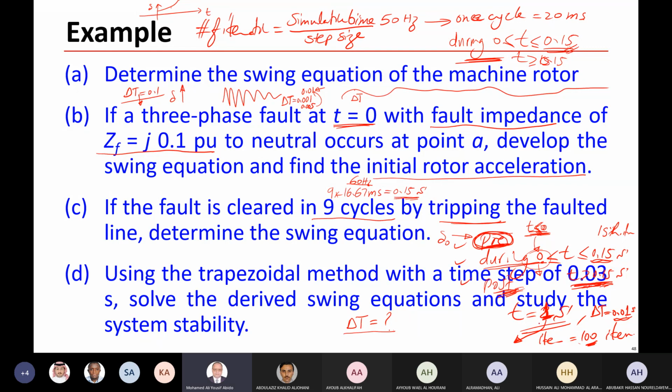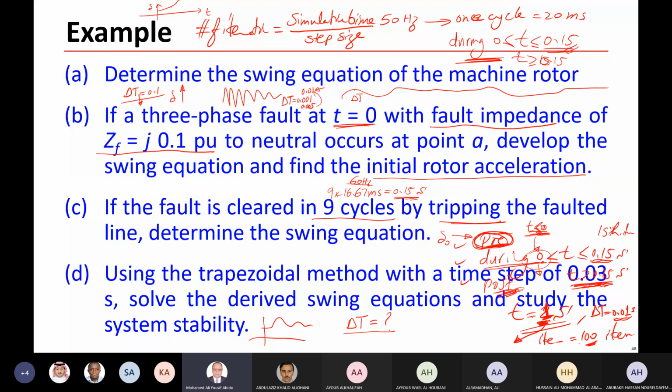The final time is up to you. You need to check, for example, the swing curve up to 2 seconds, up to 3 seconds, up to 5 seconds. You can have this also. You can compromise, because with the time step you can see how many iterations I should carry out in order to solve the problem.